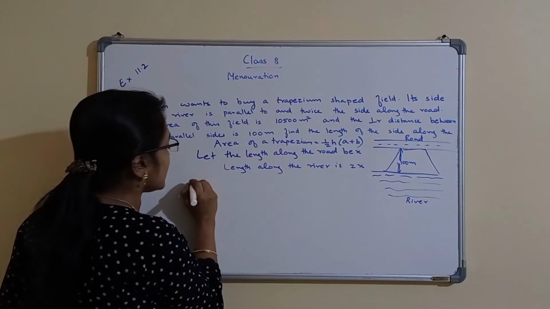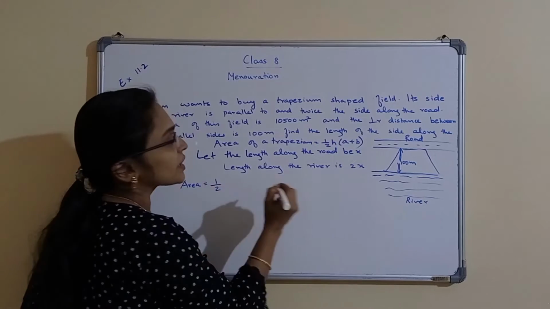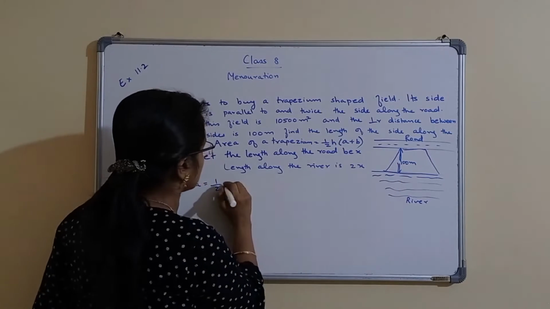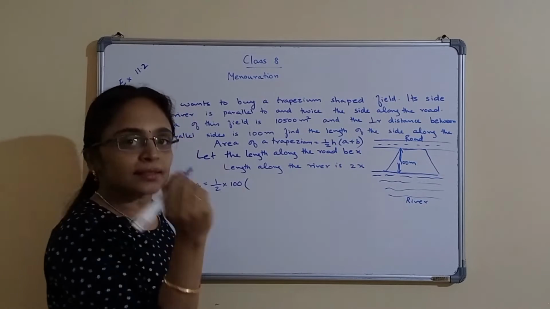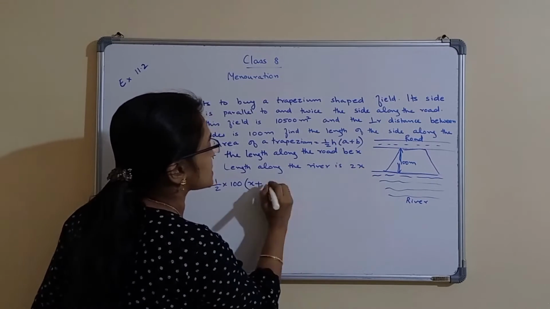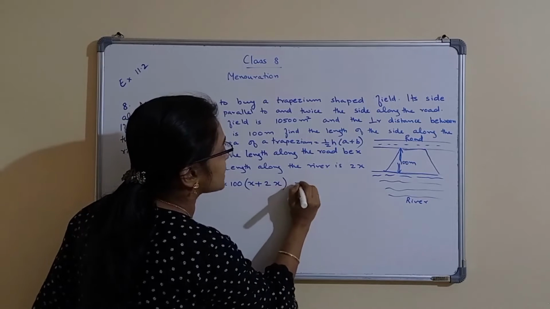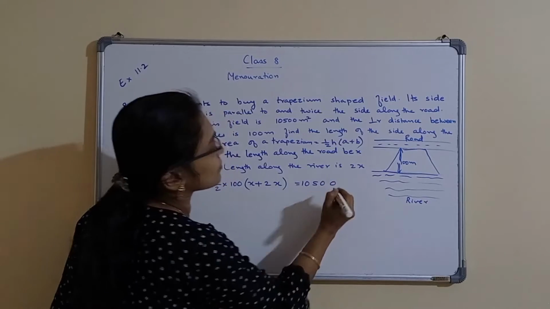And area is equal to half of h, and h is this 100. Half of 100 into, we have taken length along the road as x, so x plus this 2x, and that is equal to 10500.